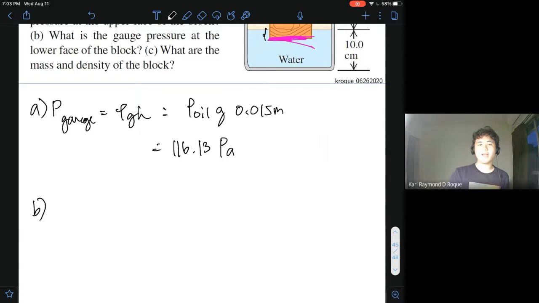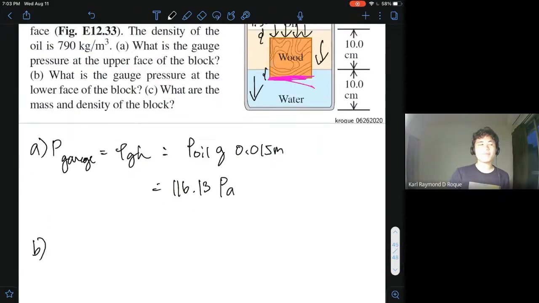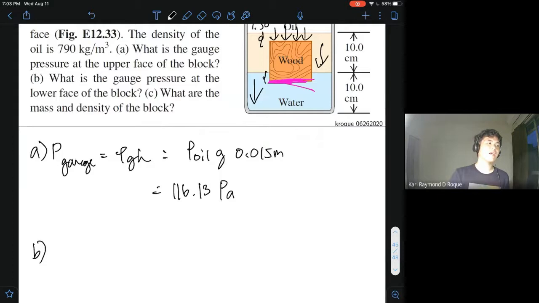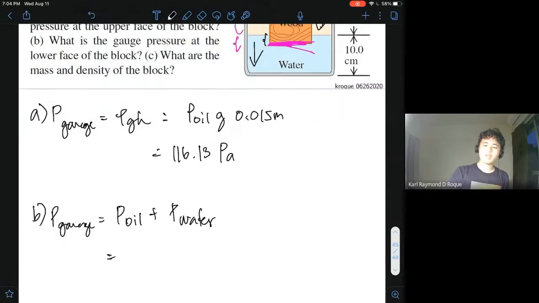Letter B. Oh, concept-wise, ano yung mga nag-exert ng pressure ng force dito? You have water, you have oil also. Right? So, i-combine mo yung pressure ng dalawa. Okay? Ano exactly yun? Eto, look. P gauge equals P oil plus P water. Ito, 1 plus 2. So, ano yung P oil?